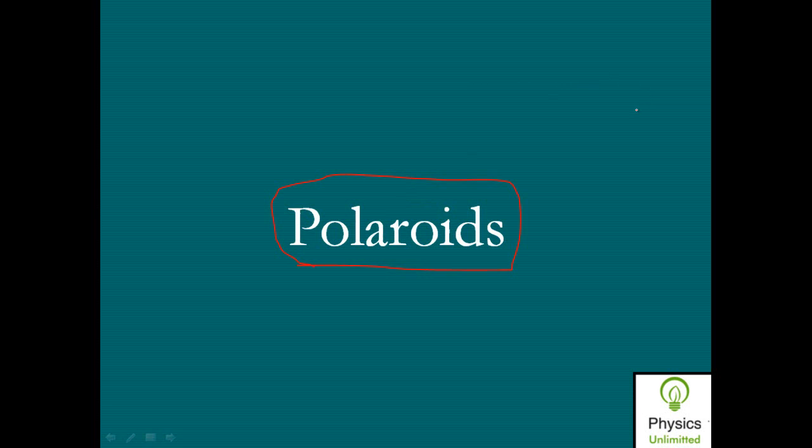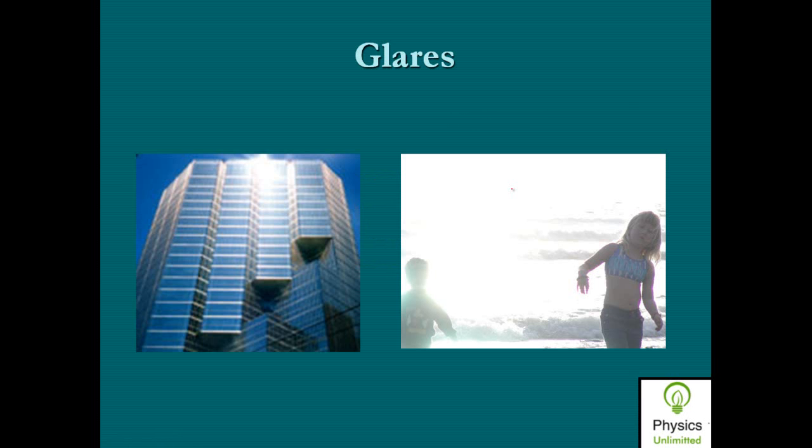So in order to avoid that glare of light, we use the Polaroid sunglasses, or the Polaroid windshields of the car. Whenever light is reflected from any transparent surface, it is polarized in one particular fashion, and that polarized wave causes the glare, and due to that glare the image is not clear.